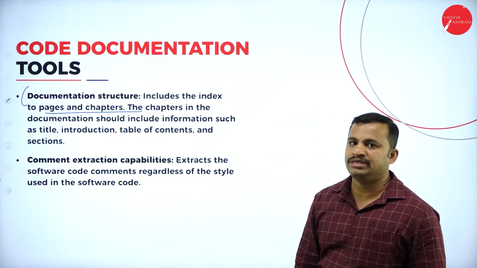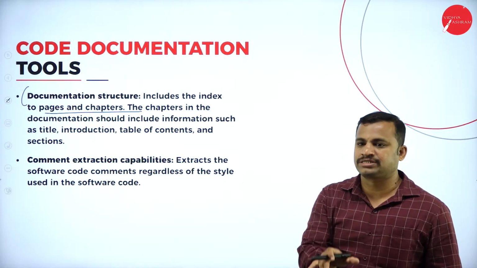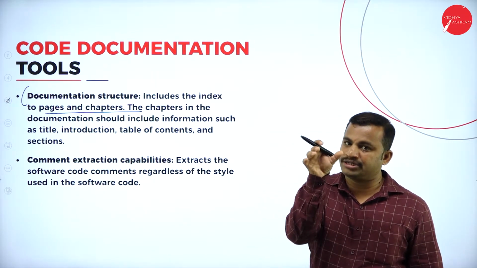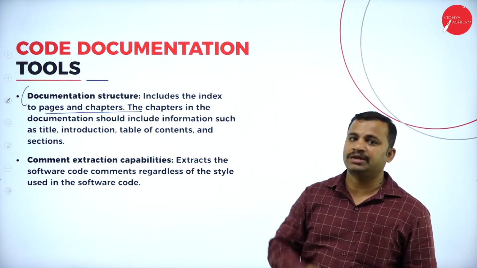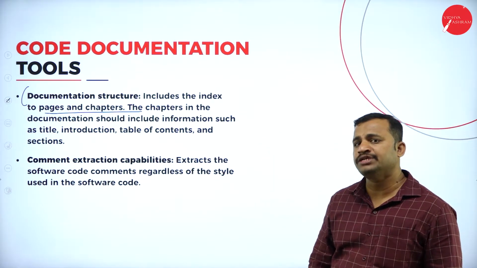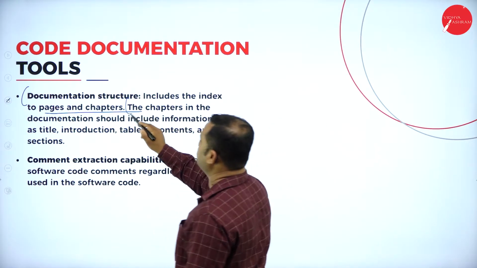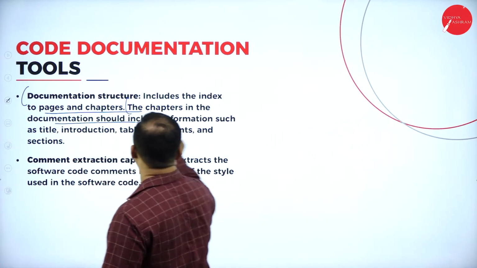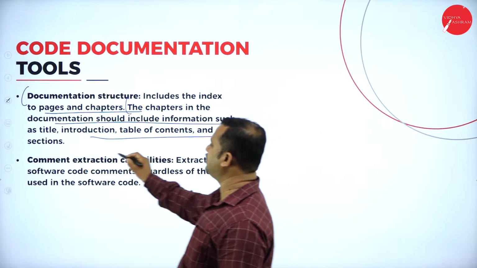As you have already seen in chapters or books, you will find the index content: what the particular chapter is, what the functionality of that chapter is, and which page number is relevant to that chapter can be found there in the form of an index. So all these indexes or documentation structures are maintained. The chapters documentation should include information such as introduction, title, table of contents and sections.